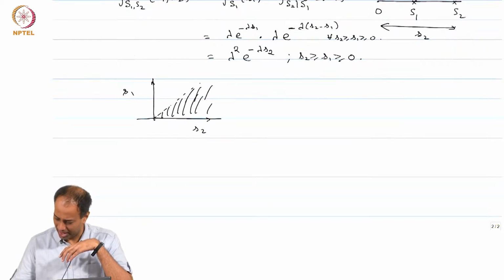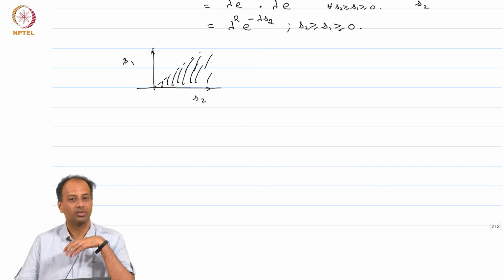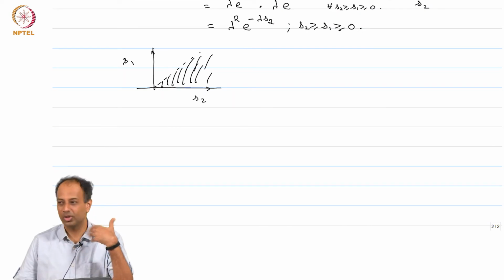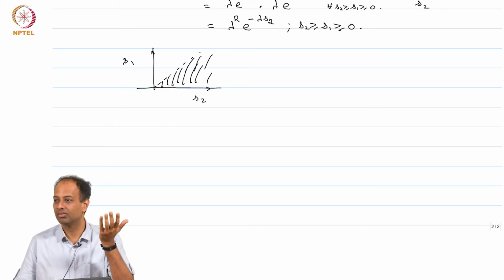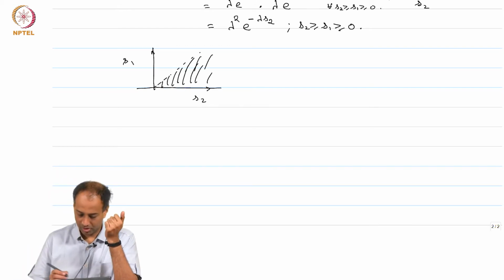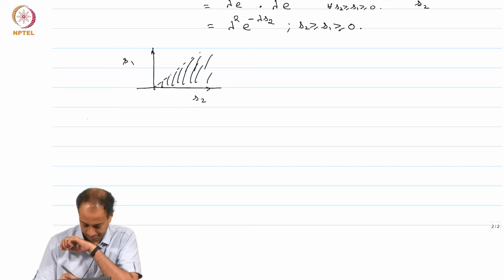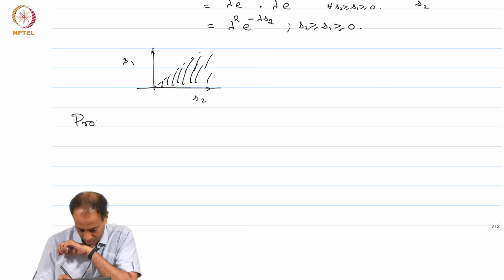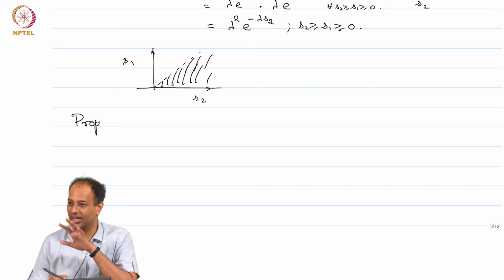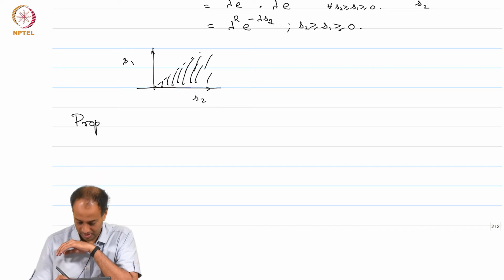Now, you can do the same trick for S1 through Sn, okay. So, we can state this now as a proposition. Once you understand the case n equal to 2, the case for general n is easy.